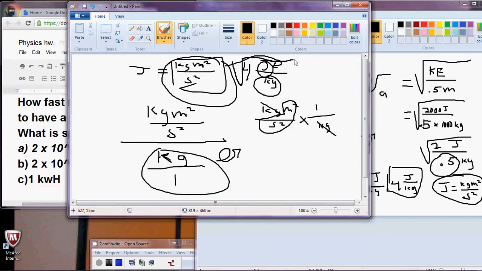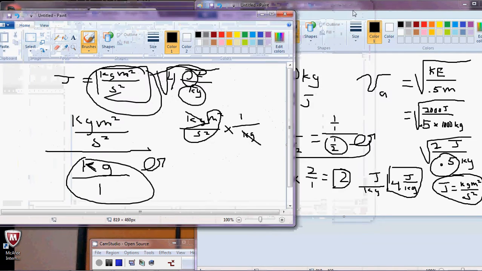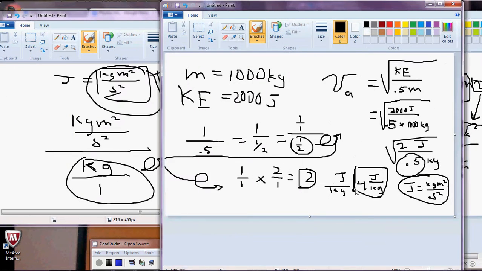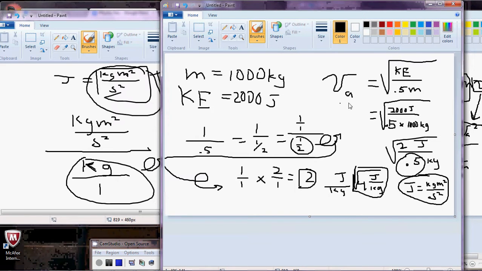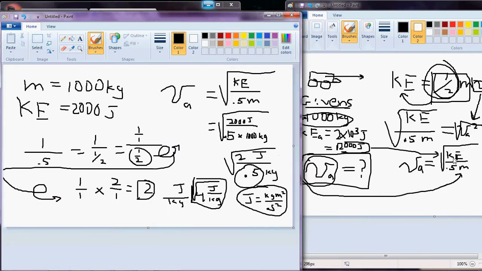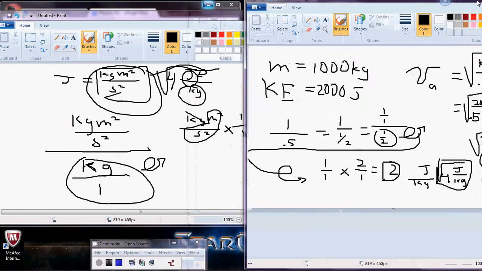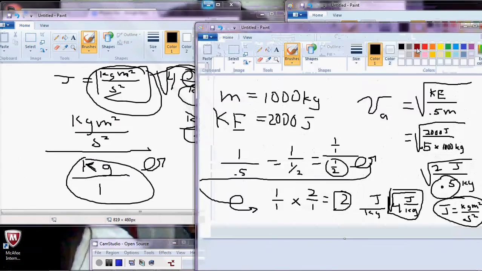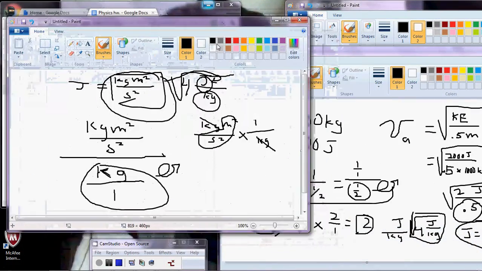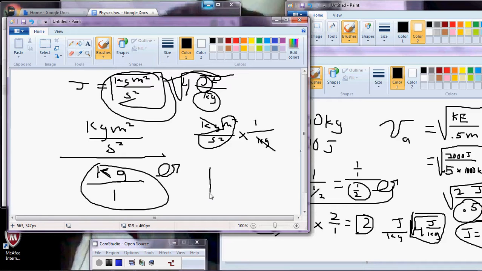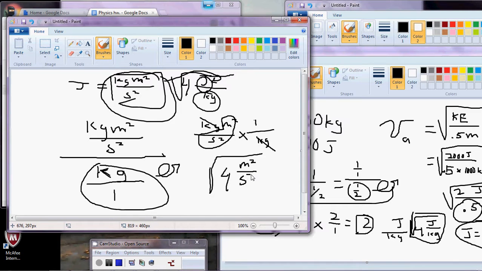And don't forget, we have the square root from the 4 joules over kilograms, always carried from here, which is the speed we're still trying to get. Oh man, I'm just confusing myself. So right now we have the square root of 4 meters squared over seconds squared.